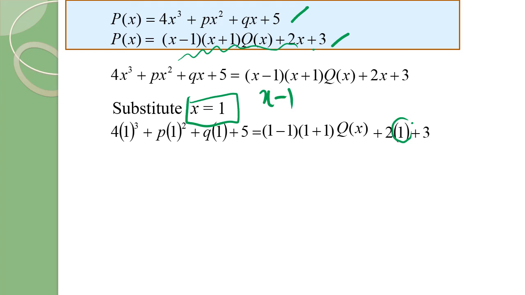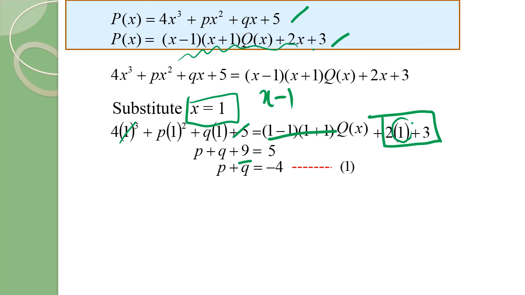This part will be equal to 0, why? Because 1 minus 1 is 0. So what's left is 2 multiplied by 1 plus 3, which is equal to 5. So this is 4 plus 5, which is equal to 9, plus p plus q. So p plus q equal to negative 4. This is the first equation.